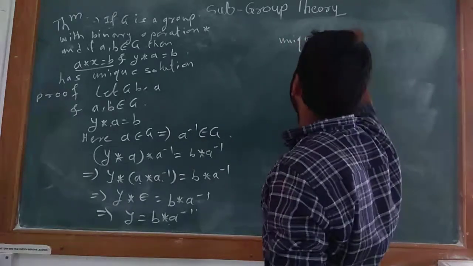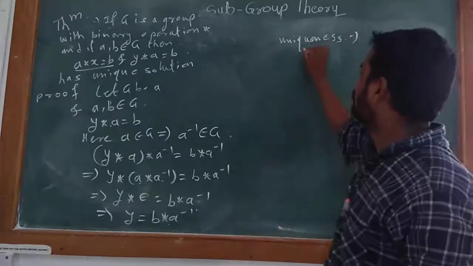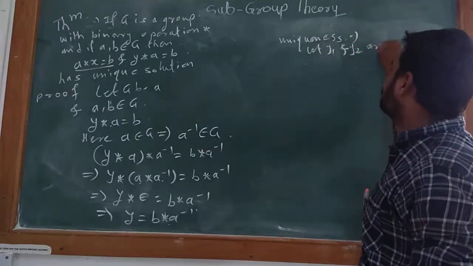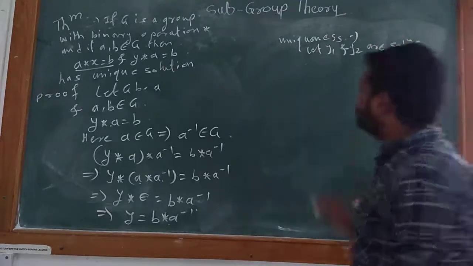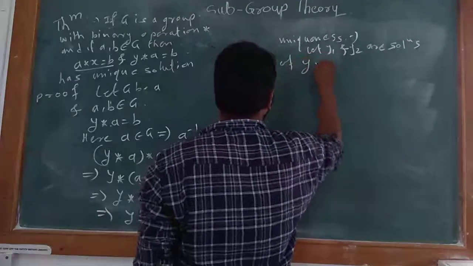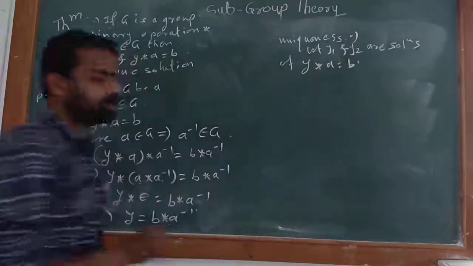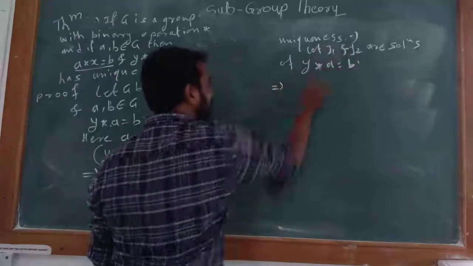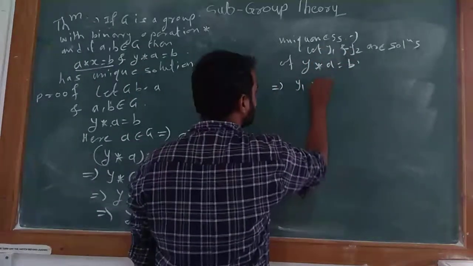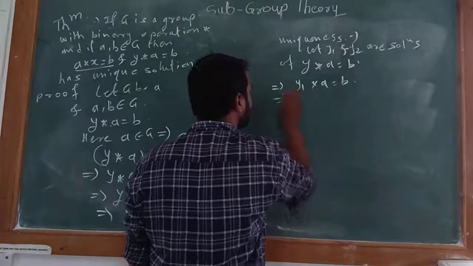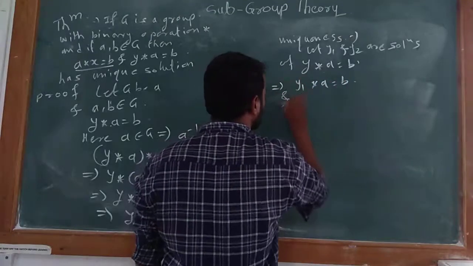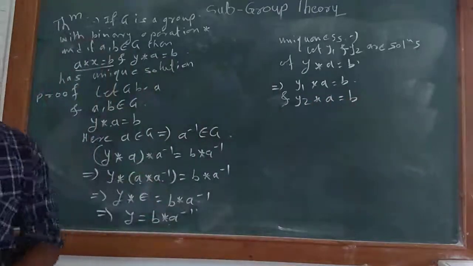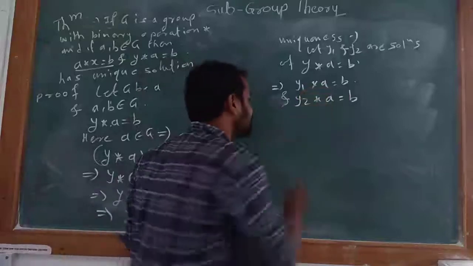For showing uniqueness, let y1 and y2 be solutions of the equation y star A is equal to B. This implies y1 and y2 satisfy this equation, so we get y1 star A is equal to B and y2 star A is also equal to B. Here the RHS are equal, therefore the LHS are also equal.